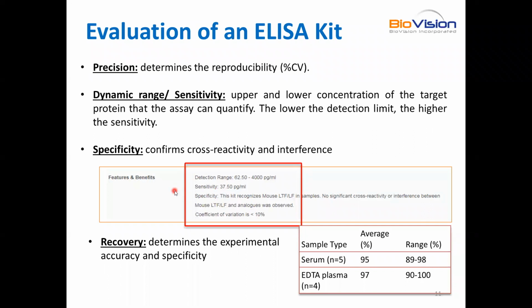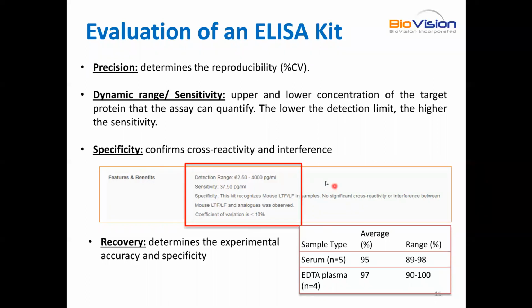That means the antibody should show low background or cross reactivity. They should also analyze cross reactivity and interference experiments to confirm that only the target protein is recognized and detected, and not any related protein.